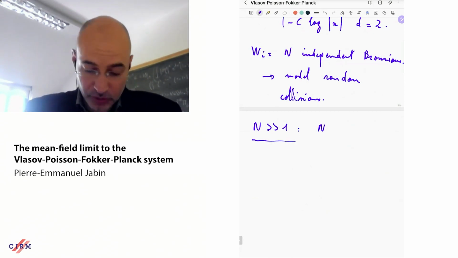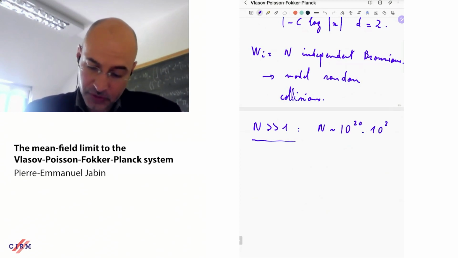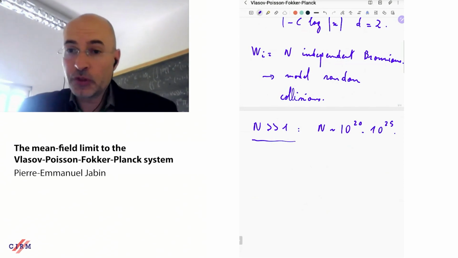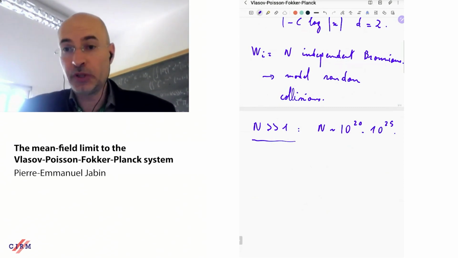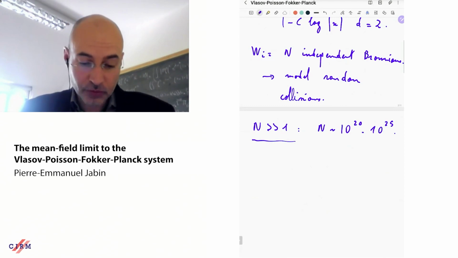Plasmas, you think Avogadro number, so 10 to the 20, 10 to the 25 particles. And for this reason, of course, you would be very interested in deriving instead a continuum limit for that.